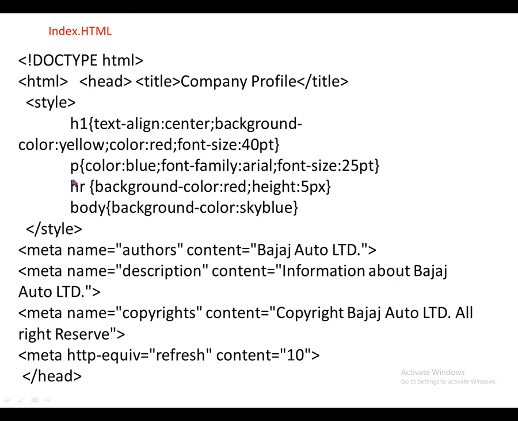Now the HR tag: you remember that you get the HR tag with red color and some thick size. Here again you are reformatting the HR tag with background color red and height 5 px. That's why you get that thick, complete horizontal line because of these two properties.